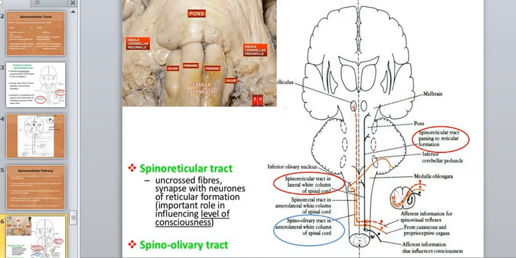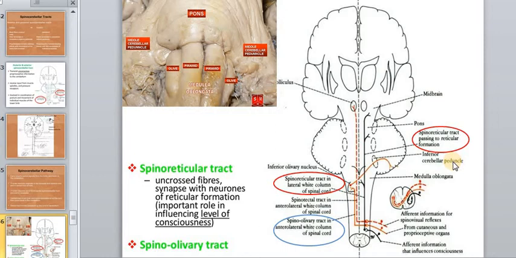So here we see one more tract, and I want to add one more tract, the spinoreticular tract. You see, it's a little unusual. This tract is connected with the reticular formation, here in a red colored circle. This tract is connected with the reticular formation by short fibers.